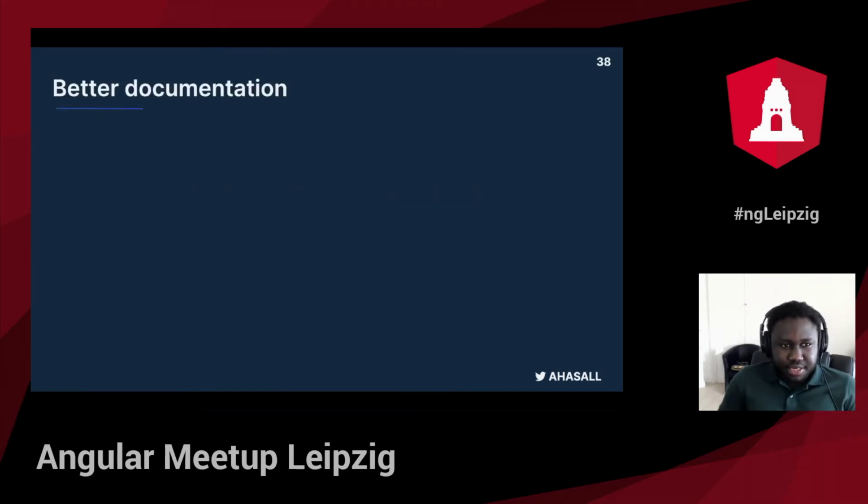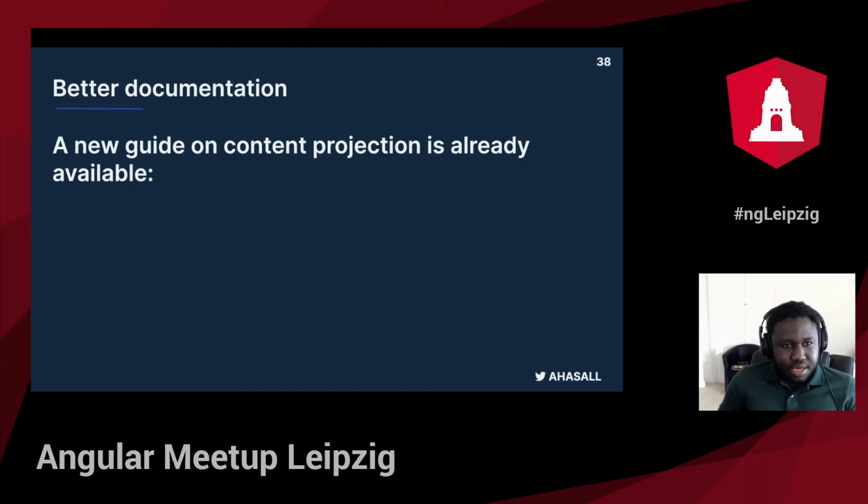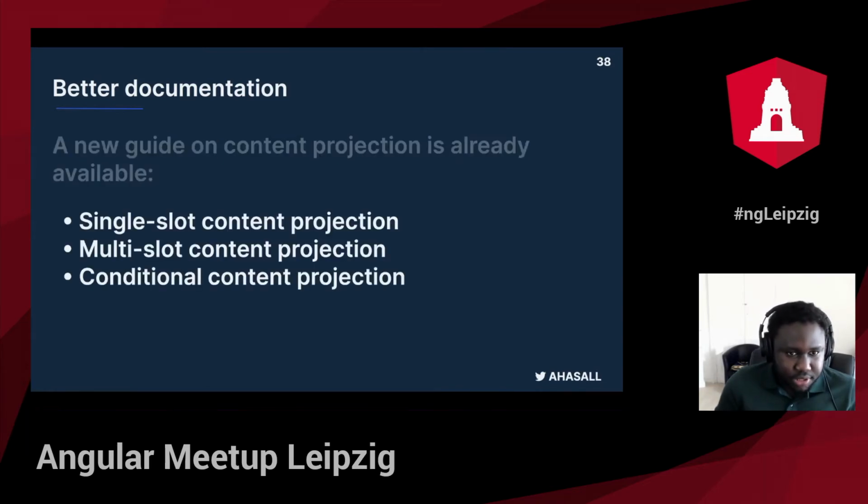Regarding documentation, with V12, we had a new guide on content projection that you can read to learn about content projection, how to use single slot content projection, multi-slot content projection, and conditional content projection.